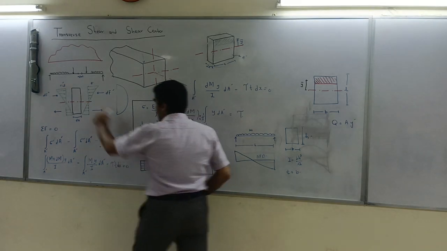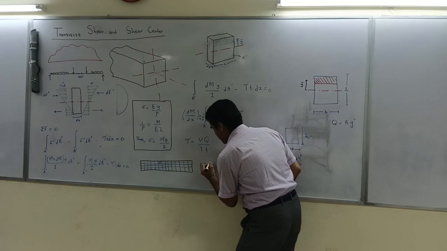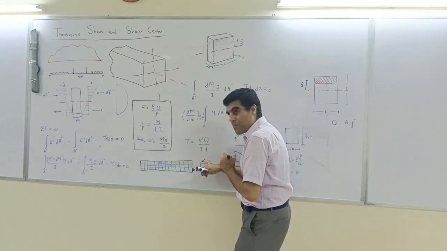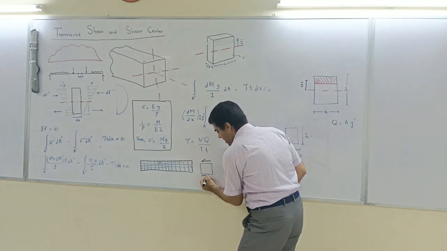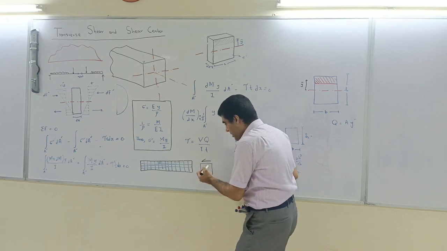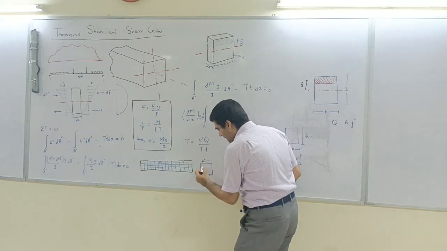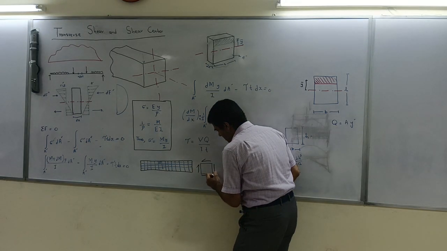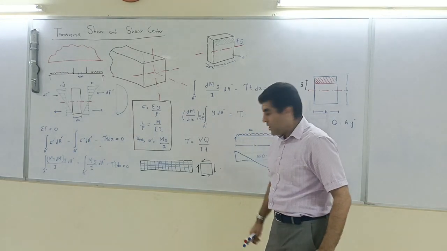This element at this point will have a certain horizontal shear, imagine in this direction. This horizontal shear, based on equilibrium, must have an equal force in this opposite direction so that they cancel out. And you can see this makes a couple. So in order to counteract that, we must have a couple in the opposite direction.